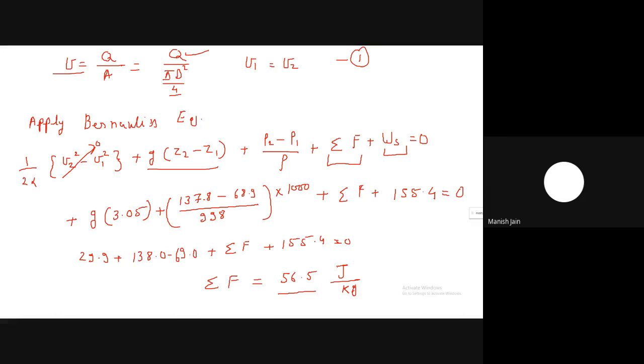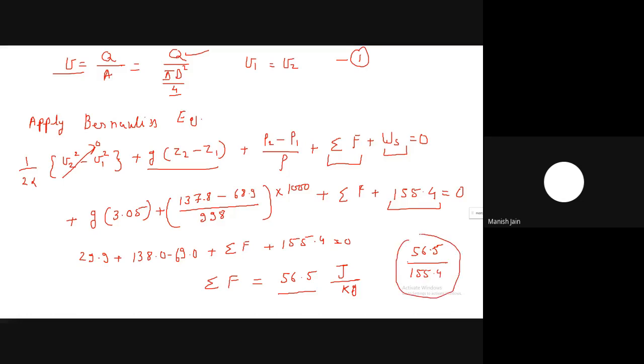If you compare the friction loss with the power given by the pump, the power given by the pump is 155.4, so you divide 56.5 by 155.4.